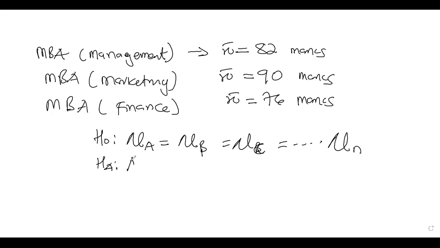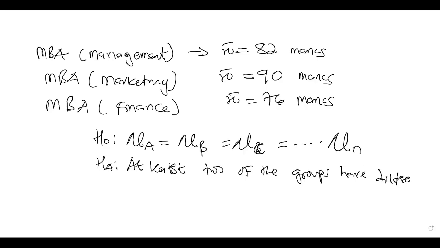So the alternative is that at least two of the groups have different means. Okay. Of course, if one of the groups is causing the difference, it will be different from another group. That's why we are saying that at least two of the groups have different means.